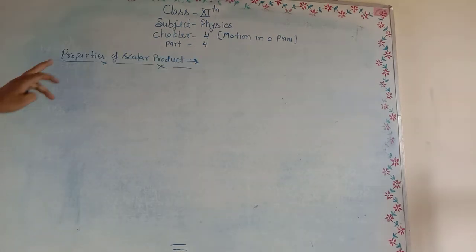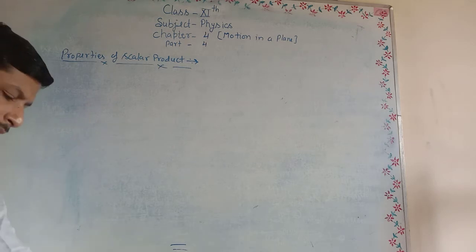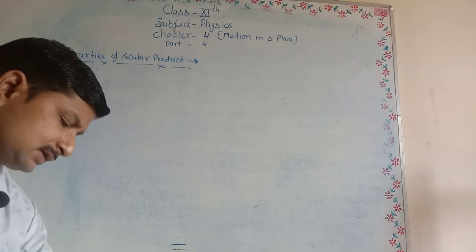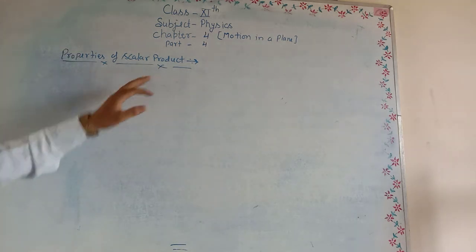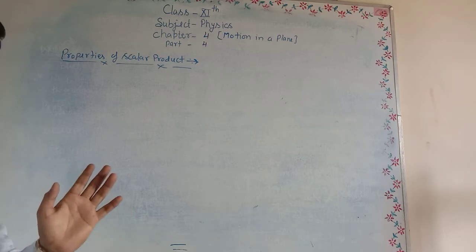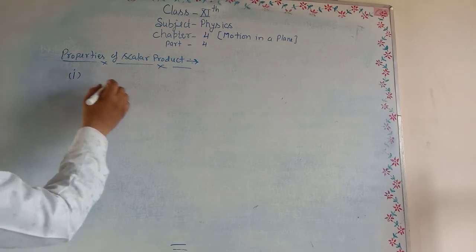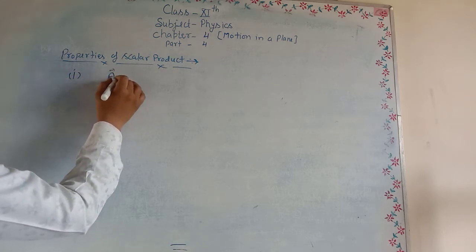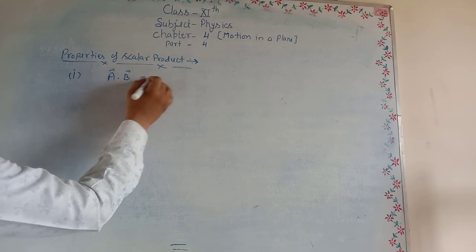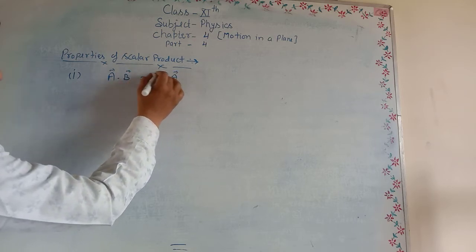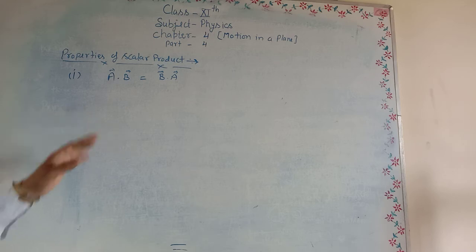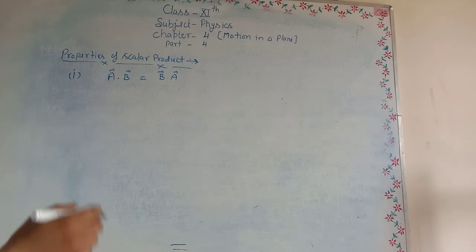Okay students. Next topic, properties of the scalar product. The scalar product of two vectors has many properties. Number 1, A dot B can be written as B dot A. हम A डॉट B को B डॉट A लिख देते हैं तब भी कोई प्रॉब्लम नहीं है.